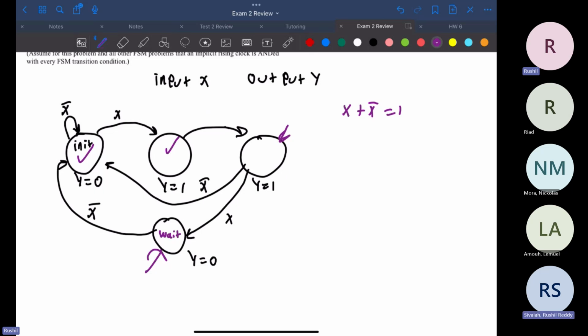Yes. What do we do if we have an X? Correct. You're holding for the X value to become X not. So it reverts back to X equals 0. Yes, it'll take some time.